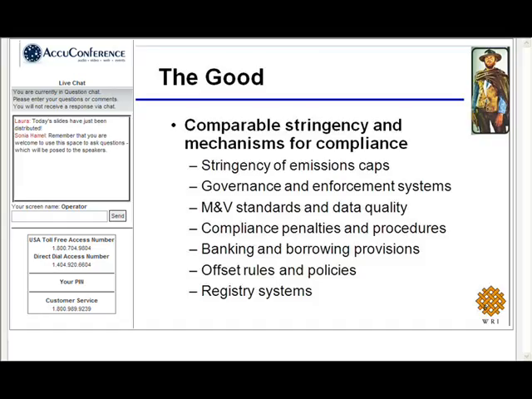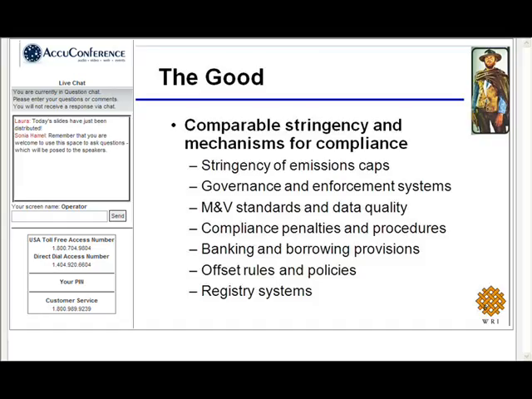If you had emissions monitors in one system and you track fuel usage in another, that's not necessarily an issue as long as the data that you get out at the end of the day is comparable in quality and has comparable levels of certainty. But that's certainly something you'd want to evaluate if you're contemplating a linking agreement, that the data you get under both systems is of comparable quality and is consistent.